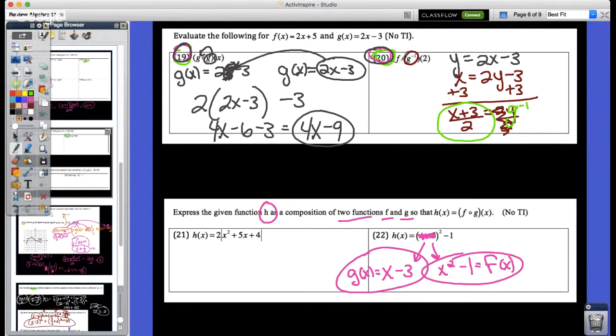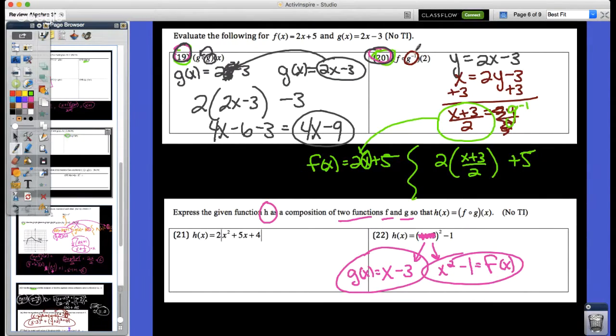Now, since we found this, what are we going to do with it? Well, remember, f of x is 2x plus 5. So we're going to take this and plug it in for x. That x right here, we're going to plug x plus 3 over 2 in for it. So when we do that, we'll have 2 times x plus 3 over 2 plus 5 on the outside.